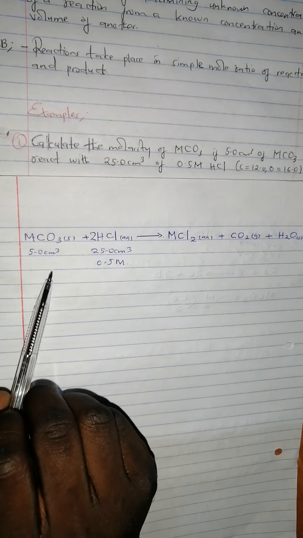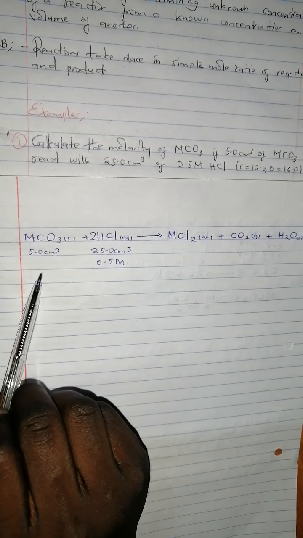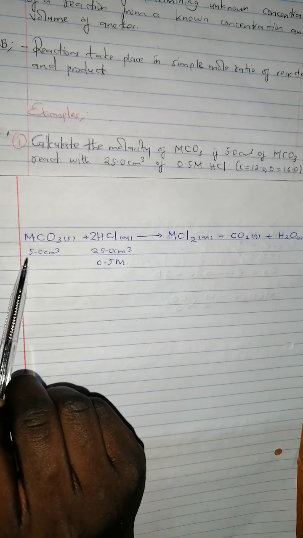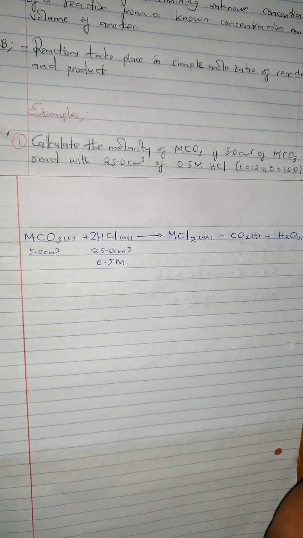And what do I mean by molarity? It's just the number of moles of a solute in 1,000 cubic centimeter of a solution. So I must get the number of moles of M carbonate and equate it to 1,000 if that number of moles is in 5.0 cubic centimeters.